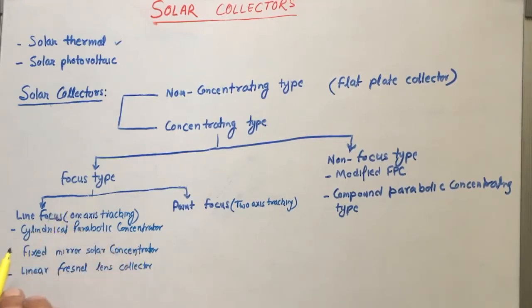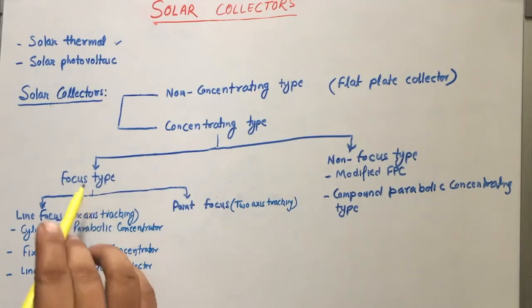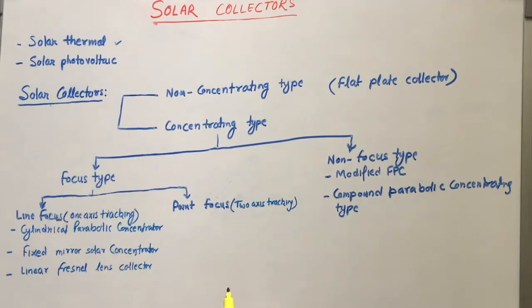In this way, focus type can have cylindrical parabolic, fixed mirror and Fresnel lens collectors. So these topics will be included in line focus, in focus type solar collectors.